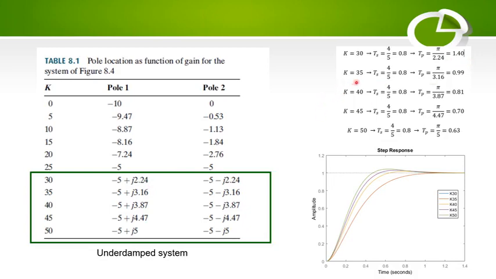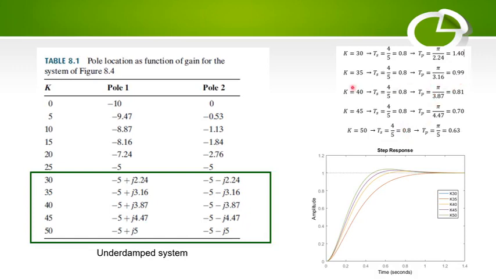For K equal to 35, the settling time is still 4 divided by 5, because the real part of the complex pole does not change as K varies. Only the imaginary parts of the pole change. So for all the K values, your settling time is maintained at 0.8, while for the peak time, you will get different values.